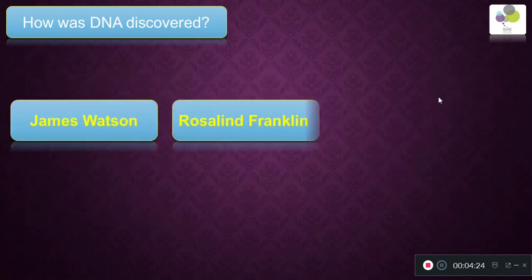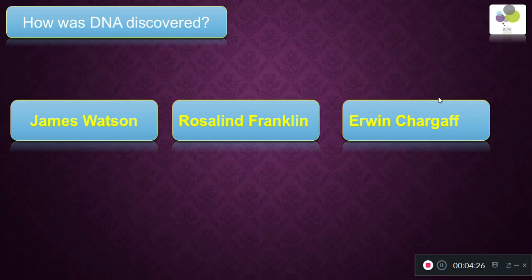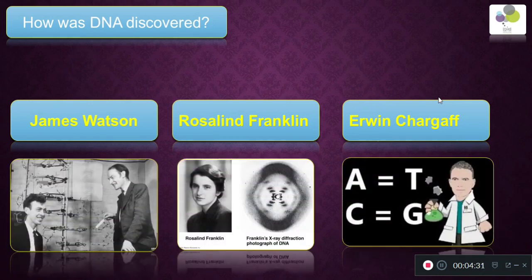Here, guys, we have the most popular scientists who contributed to the structure of the DNA. We have James Watson and Francis Crick. They created the structure, the shape, the model of the DNA by using simple tools made from wood and metal.